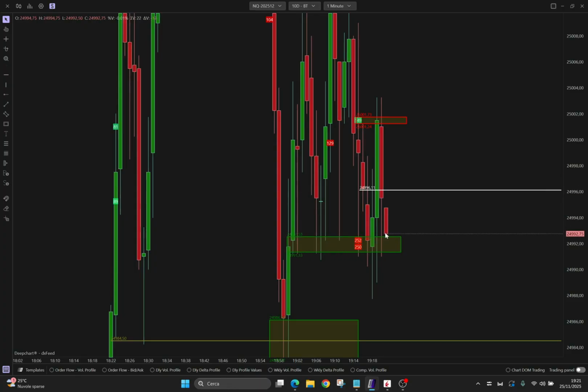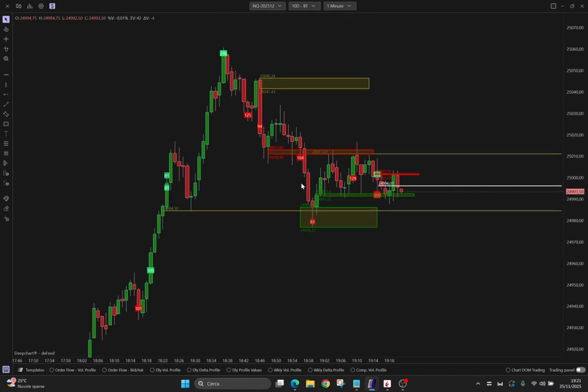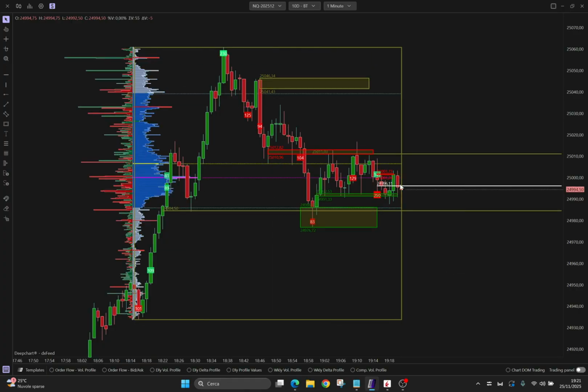But still the market will go up and down, because you are in the point where most volume got traded. Here, this horizontal level. So the price will gravitate around the POC till you get a clear direction. And the clear direction is either this, okay? Either this you need to break.